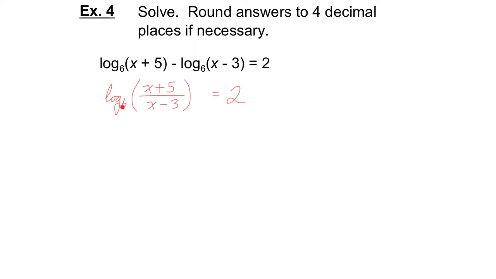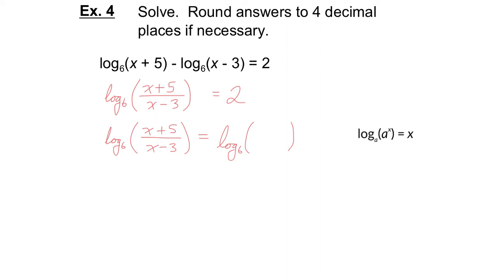Okay, so I have log base 6 of (x plus 5) over (x minus 3) equals 2. So I don't have a log with the same base on both sides, so I can't just say (x plus 5) over (x minus 3) equals 2. That would be incorrect. Somehow I need to turn this 2 into log base 6 of something.